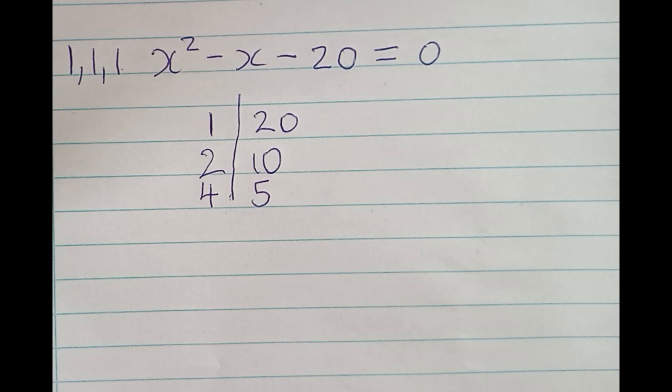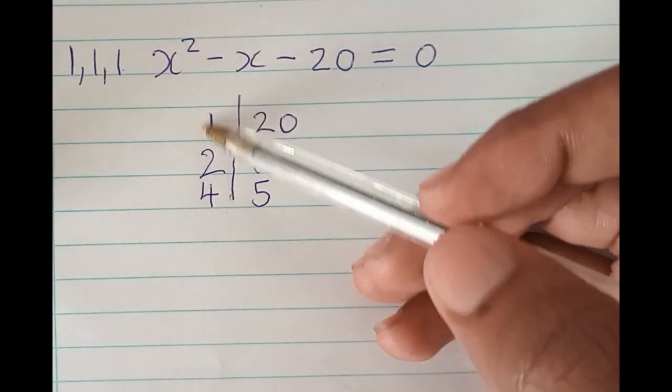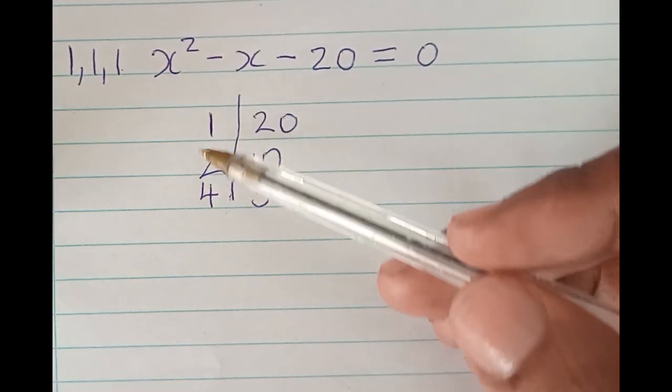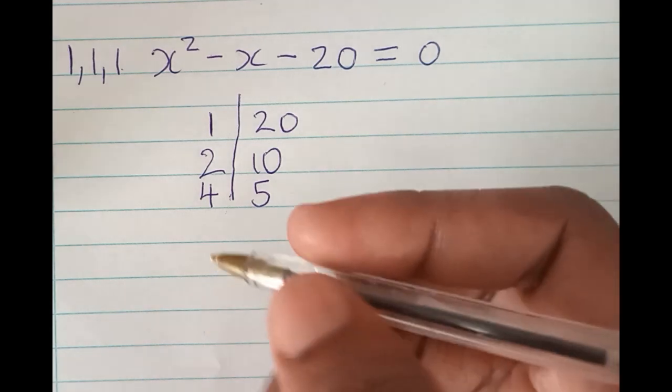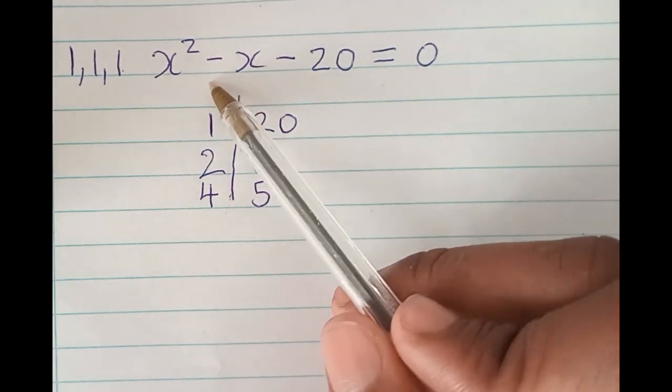So the factors of 20 are 1, 2, 4, 5, 10, 20, you see. So now we are happy, we got our factors.